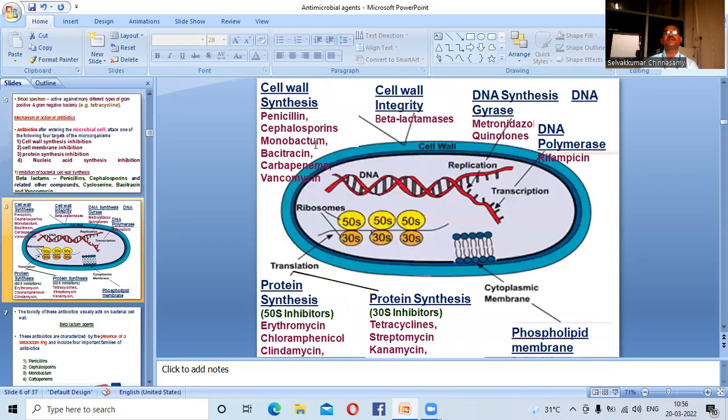This picture shows it very clearly. Cell wall inhibitors include penicillin, cephalosporin, monobactam, and bacitracin. The cell membrane antibiotic is polymyxin. Protein inhibitors are erythromycin and tetracycline, and there are nucleic acid synthesis antibiotics also.